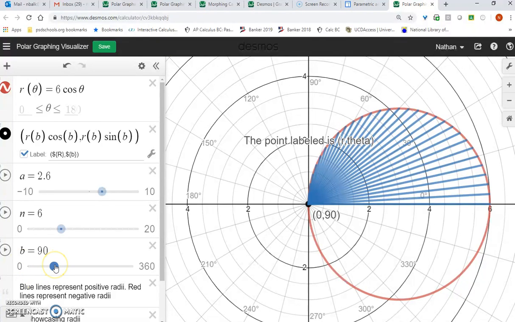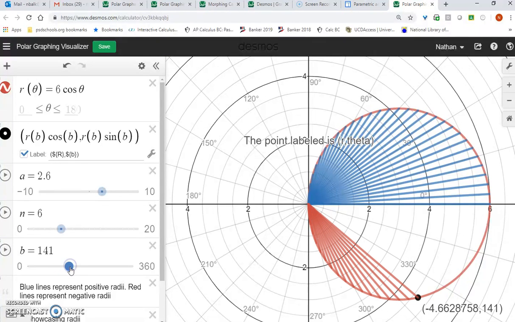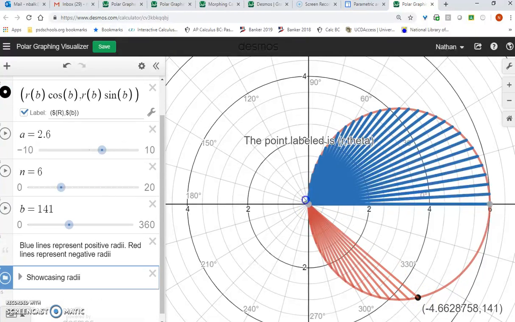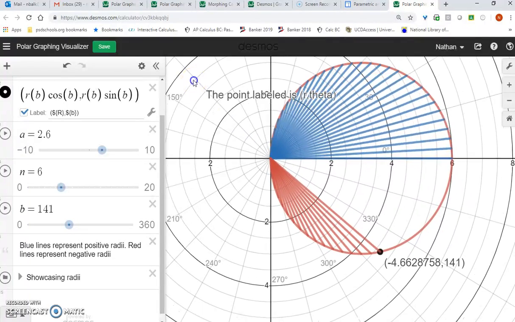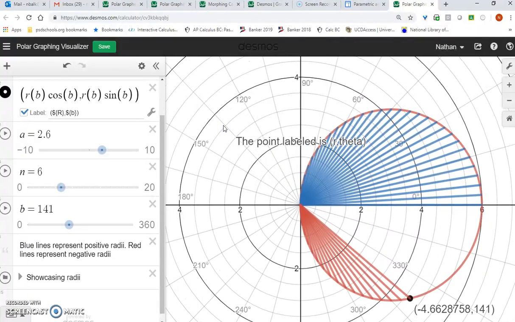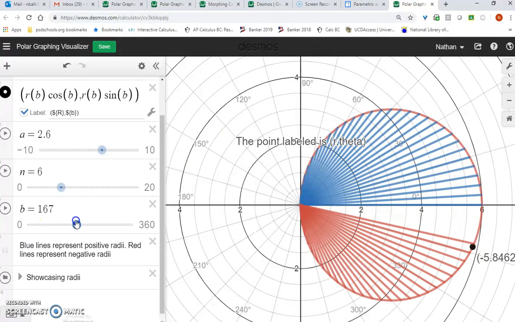Between 90 and 180, which is the second quadrant, I'm all backwards. I can't get over there. It should really be here. I should be going out at the angle of 141. And I'm just going which way? Backwards. And I do that to 180.